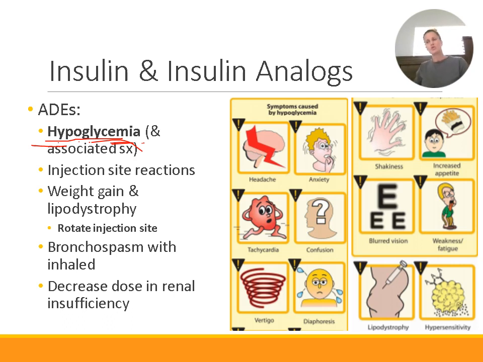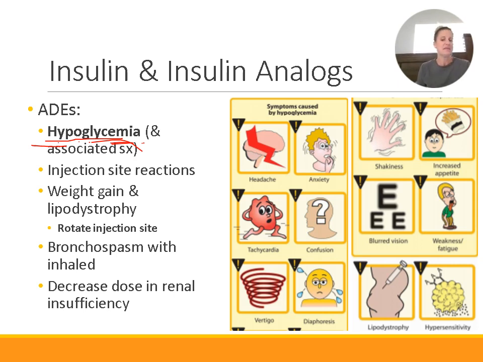So if the person has too much insulin, they're going to lower their blood glucose too much. Or say somebody's about to eat, so they give themselves their preprandial injection, their mealtime injection, and then something comes up and they don't actually get to eat. That can be problematic. Signs and symptoms of hypoglycemia include shakiness, blurry vision, confusion.